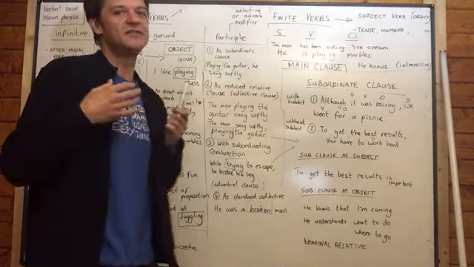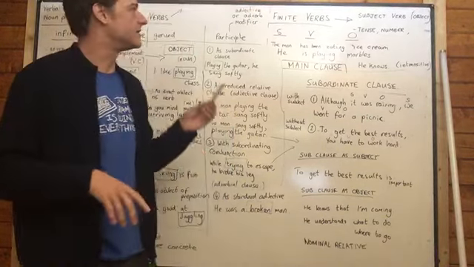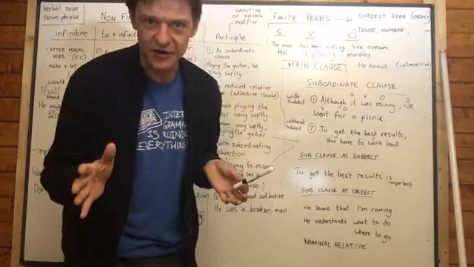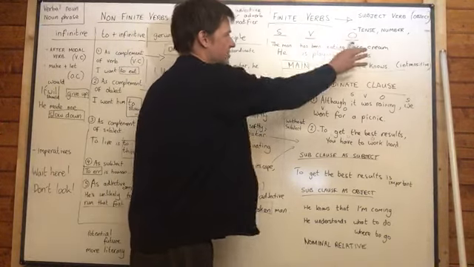Now, this is terminology, of course. I would call a finite verb an ordinary verb, which has a subject and very often an object.